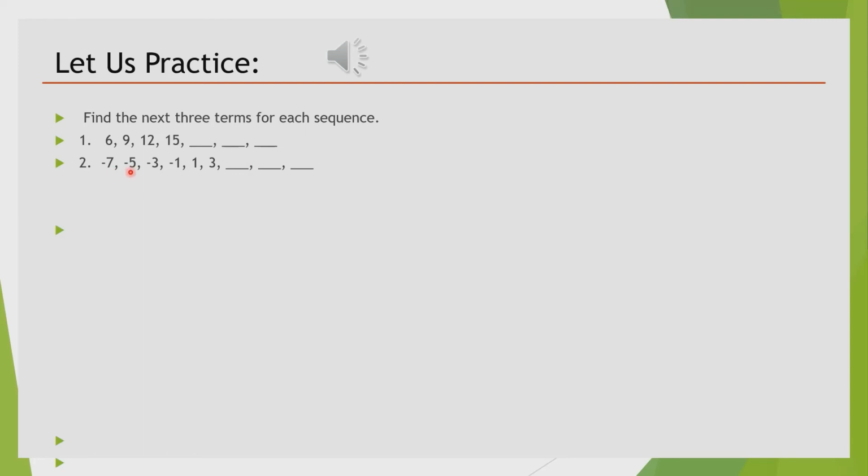And then what is the difference between negative 5 and negative 7, negative 3 and negative 5, negative 1 and negative 3, 3 and negative 1? It's 2, right? So we add 2 here. So 3 plus 2 is 5. 5 plus 2 is 7. 7 plus 2 is 9. Am I correct? Check your work.